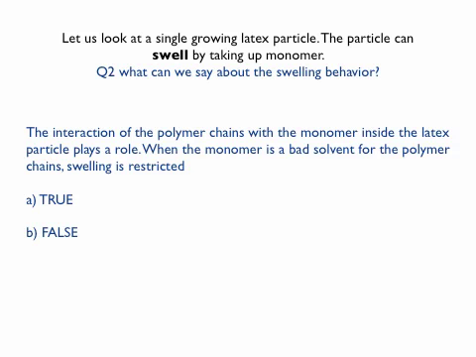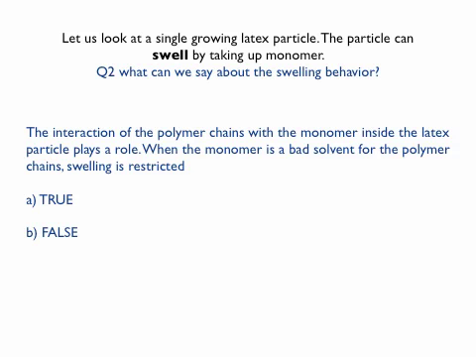So you might say, okay, the interaction of the polymer chains with the monomer inside the particle plays a role. So if the monomer is a bad solvent for the polymer, so for example, acrylonitrile and polyacrylonitrile, acrylonitrile does not swell polyacrylonitrile very well, or in other words, polyacrylonitrile doesn't really dissolve in acrylonitrile.